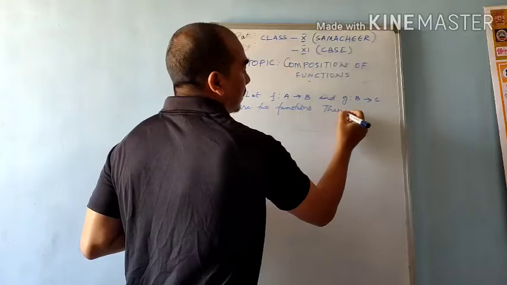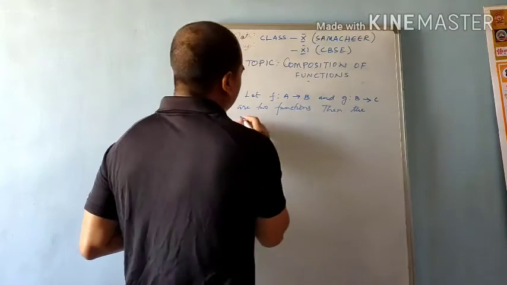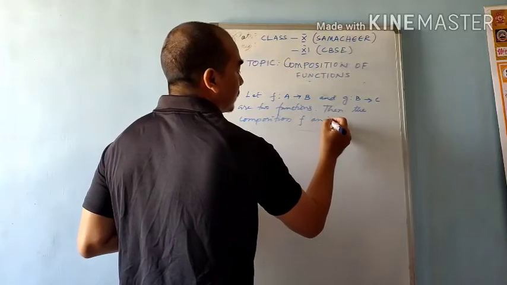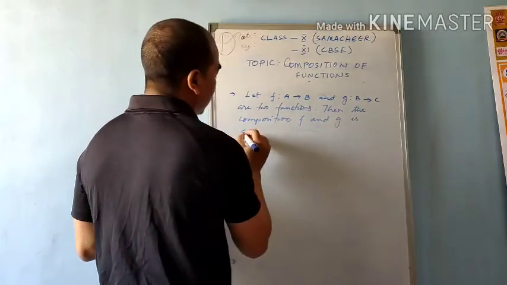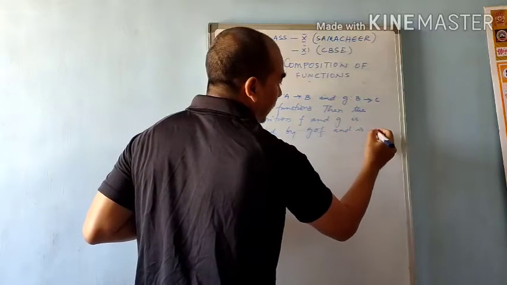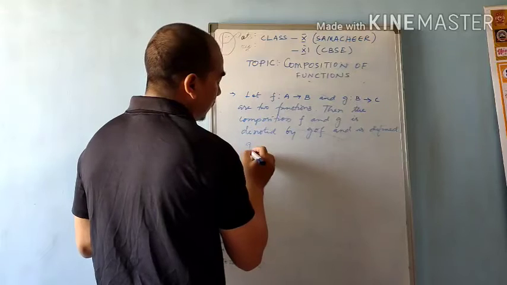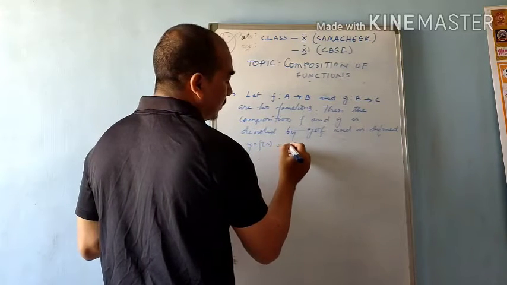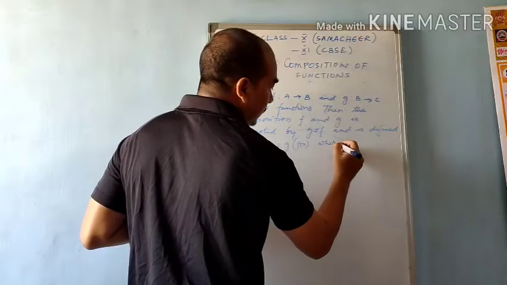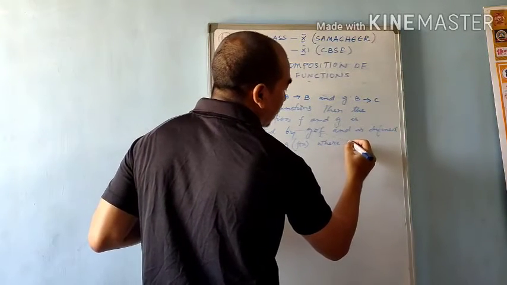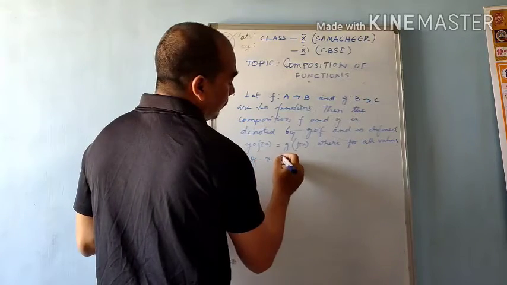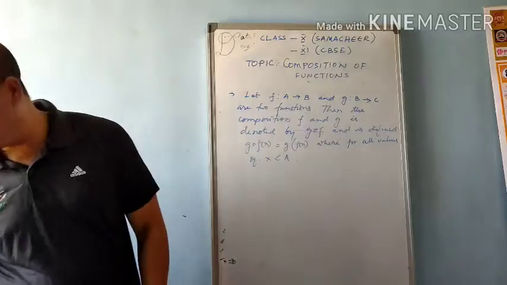Then the composition of f and g is denoted by g o f and is defined as (g o f)(x) = g(f(x)), for all values of x belonging to A. If I only write the definition, you won't understand easily.